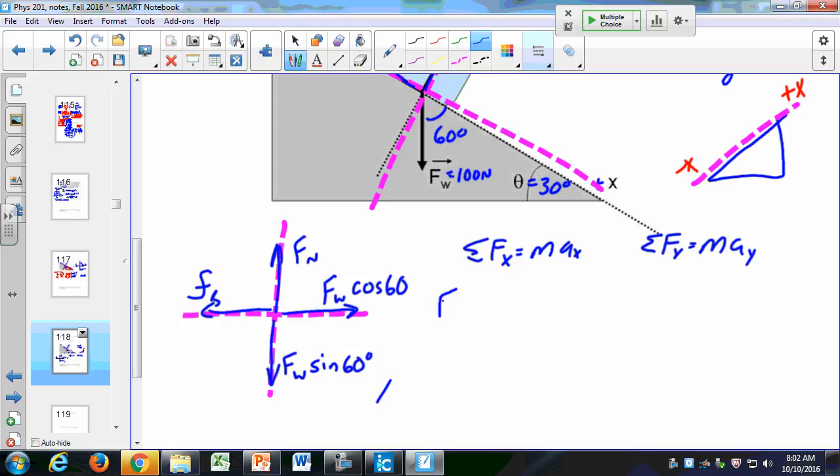Sum of the forces in the x is Fw cosine 60 minus Fs equals, and I'll write 0 here because our acceleration is 0. And then sum of the forces in the y is Fn minus Fw sine 60.